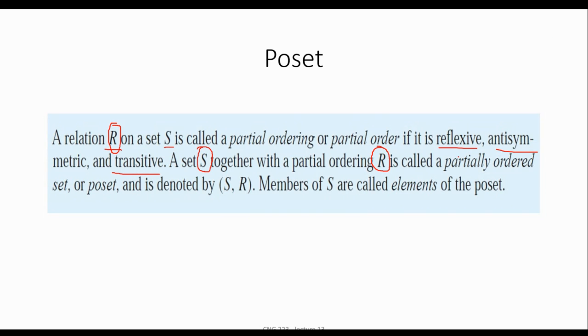And these two together are called a partially ordered set, or poset, and it's denoted by a pair. You see, they are together. We are talking about the set and the relation found from this set, which means you get the elements of this relation from this set. So these two together, we call a poset. Members of S are called elements of the poset, obviously.